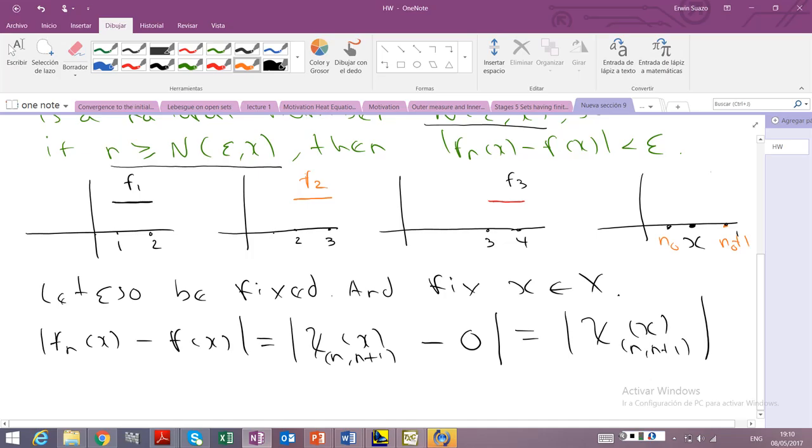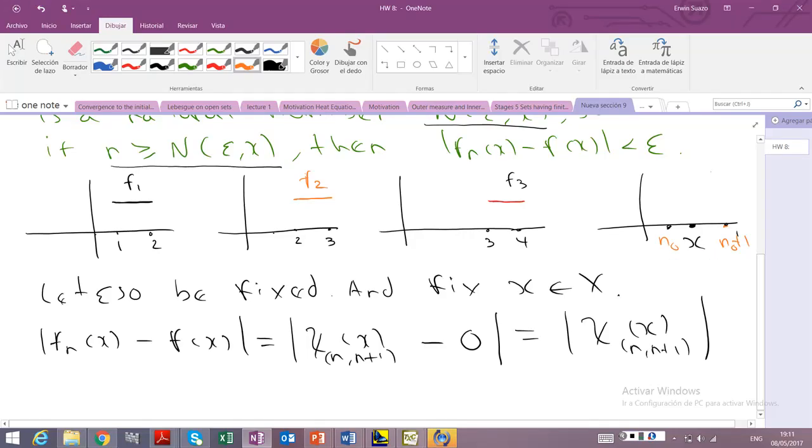If you choose 1000.25, it is between 1000 and 1001. So that's my n_0. So n_0 is just the integer part of x. There is going to be an integer before and an integer after.